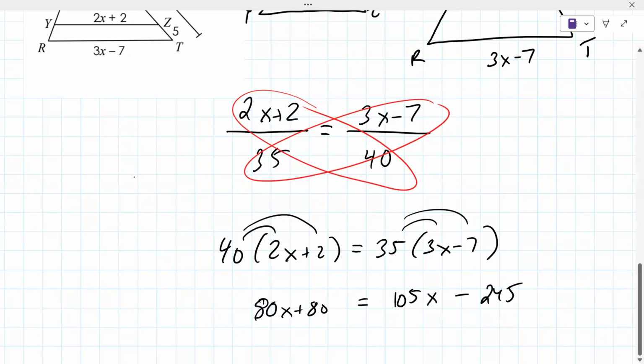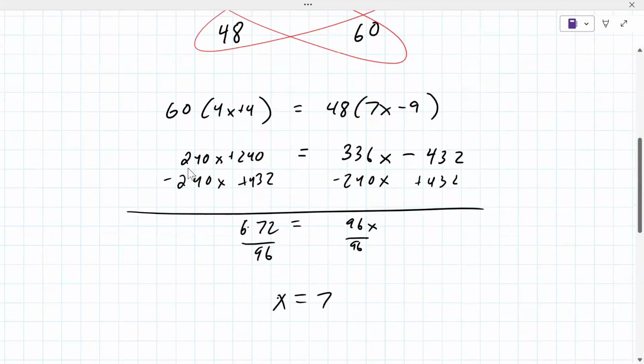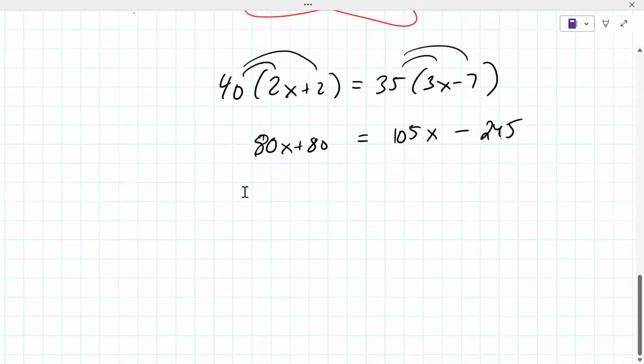All right, so this is kind of like the last problem we did. Let's take a look at what we did in the previous problem. You move the x's to one side, from the smaller to the larger, and then whatever the number is, you move over. So in this problem, which is smaller, 80x or 105x? 80x, right. So you're going to move the 80x, and you're going to move this minus 245 left.